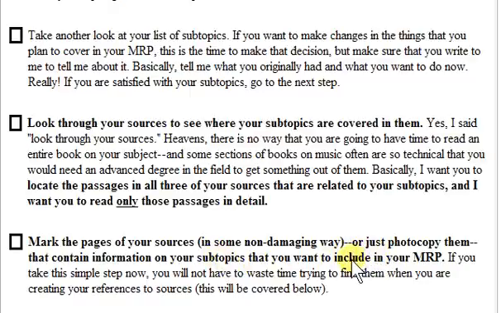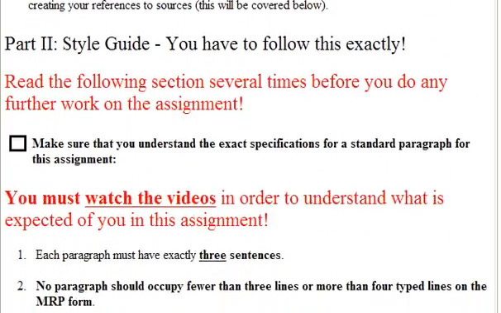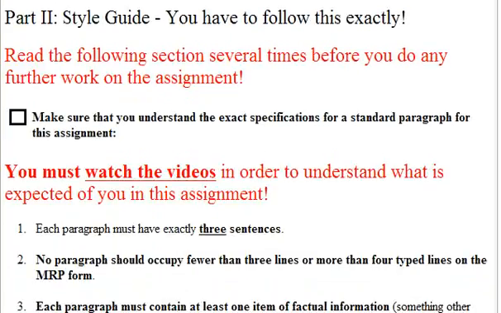And really, it would be wise even to take your book, once you have done this, to a photocopy machine and make photocopies of the pages that treat your subtopics. You'll be able to save yourself a great deal of time if you do so. And once you have done that, you will be ready to move on to the next part of the preliminaries of this assignment, which will involve your looking at a style guide.